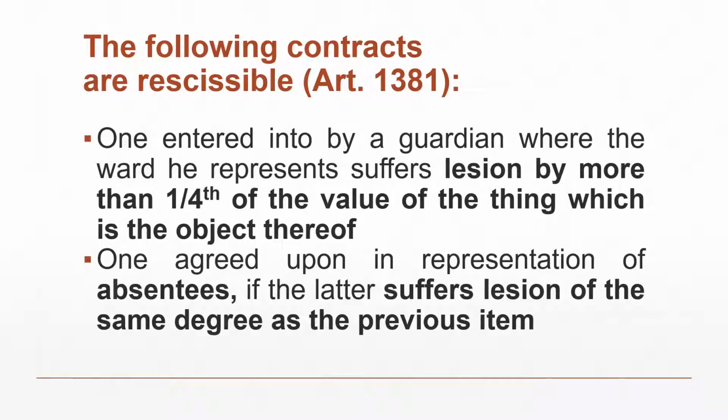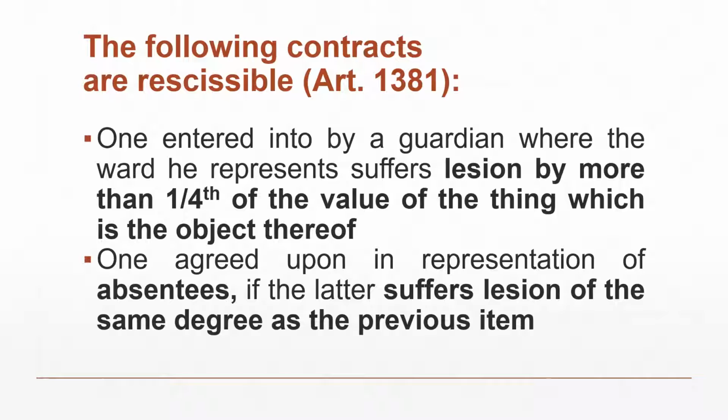So first one, a contract entered into by a guardian. So ibig sabihin, a contract entered into by a person representing an incapacitated party. Siguro minor, siguro of unsound mind, mga hindi kayang mag-decide for themselves under the law. So, a contract entered into by a guardian where the ward he represents, so basically si ward, yan yung incapacitated party.